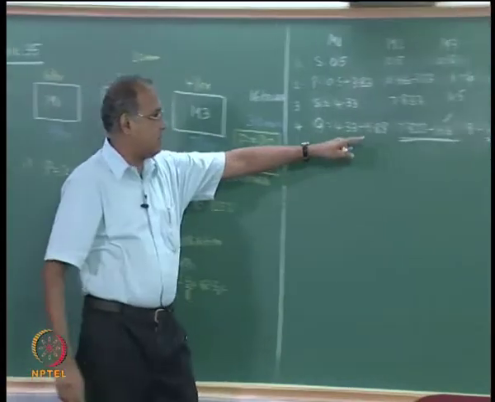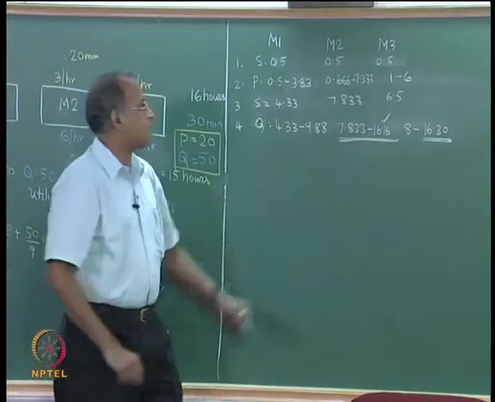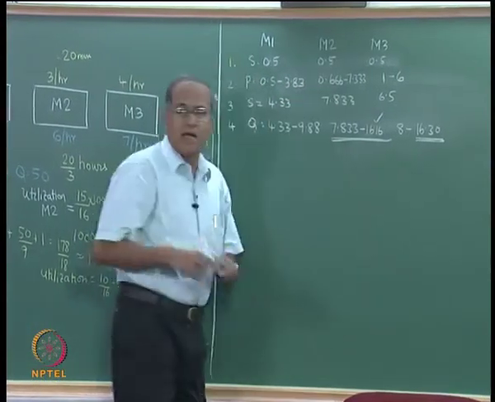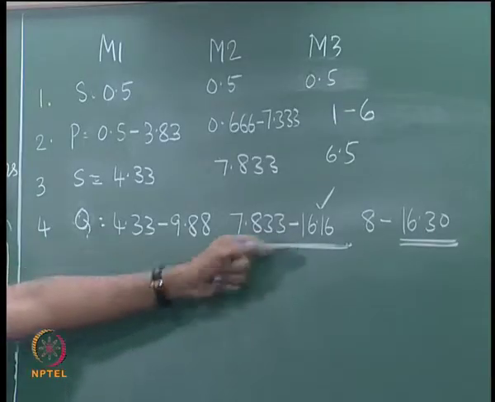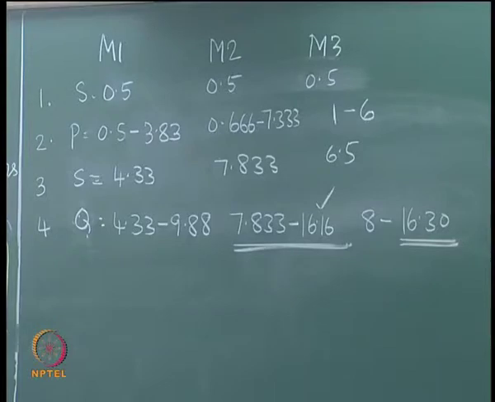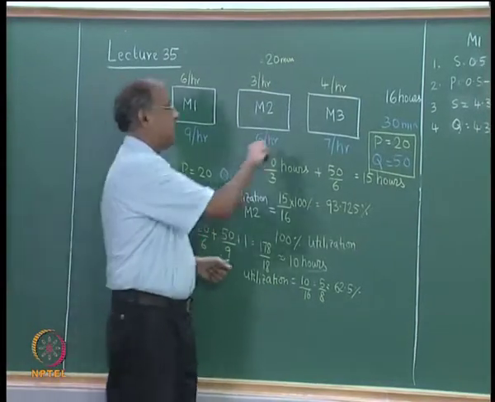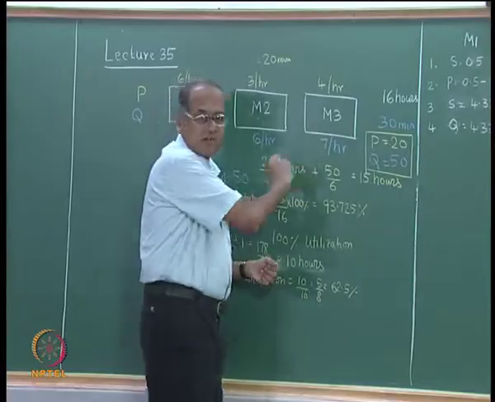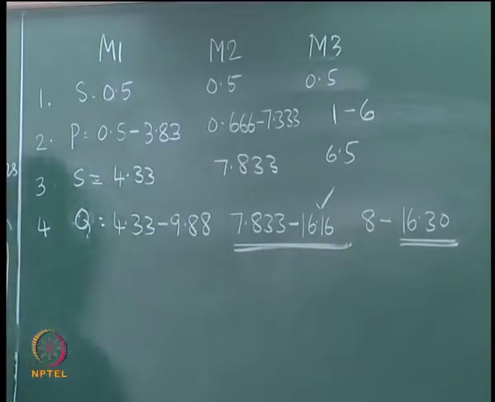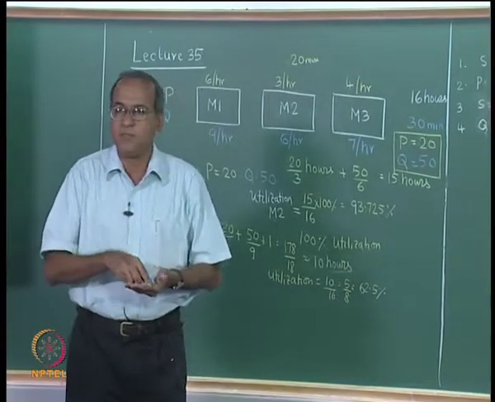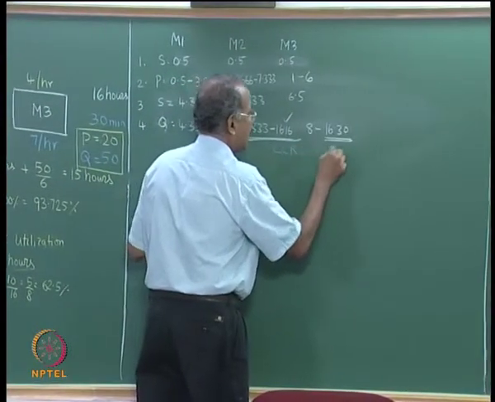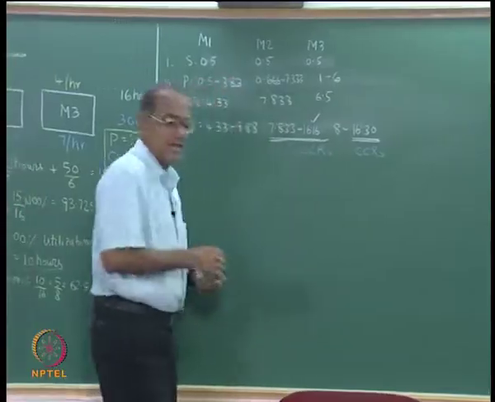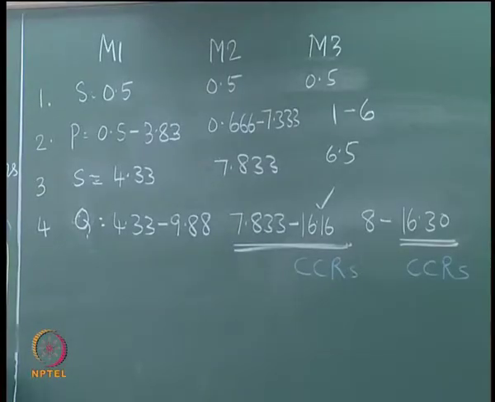That is 16.166, and because the bottleneck is here, the last piece will come out of M2 only at 16.166, and then it has to be processed in the last machine M3, which would take another 1 by 7 hours. So, the output is 16.3, which is a little more than the 16 available. So, in some sense both of these become CCRs, but the amount of extra time required is very small.